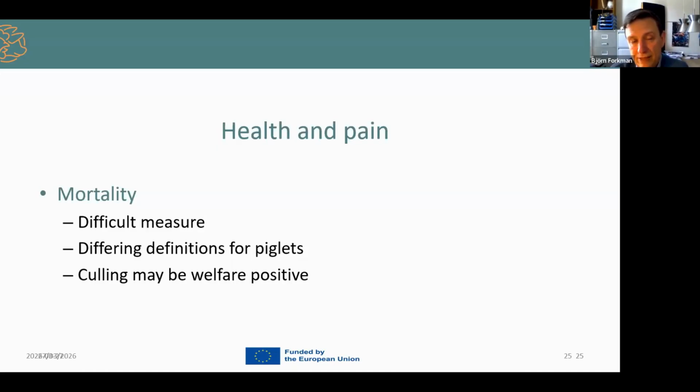Health and pain. Mortality is an obvious example. It's surprisingly difficult to measure. One of the reasons for that is that there are differing definitions of mortality in piglets. So some will call all dead piglets, I have that number as a number for mortality. So even piglets that are stillborn will count as mortality.